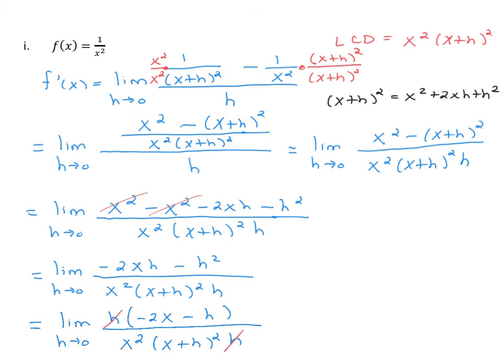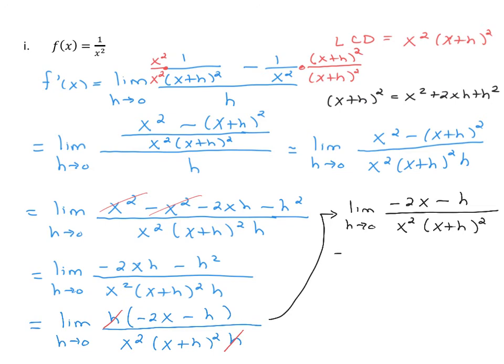So continuing, I'll write this up here. This is the limit as h goes to 0 of, we are left with in the numerator negative 2x minus h all over x squared times x plus h squared. I'm going to put 0 in place of h because if you put zeros here and here, you are no longer dividing by 0.